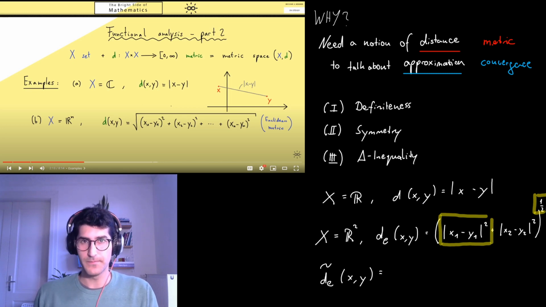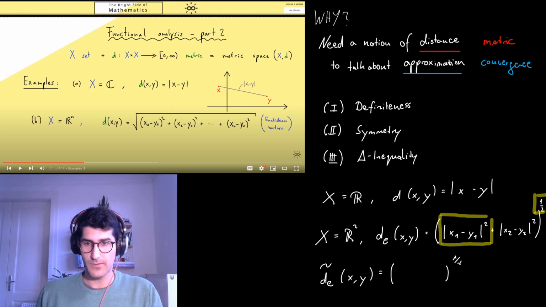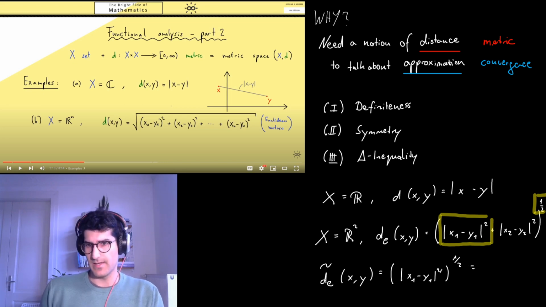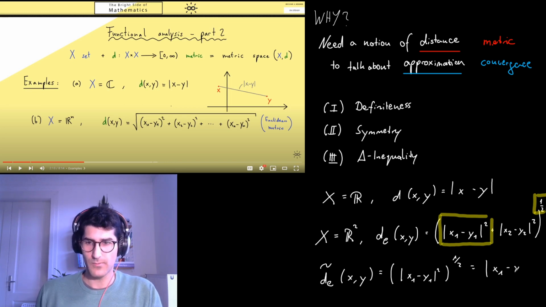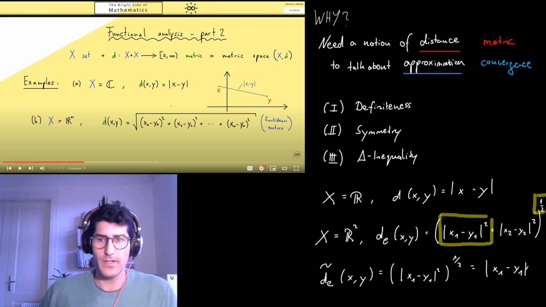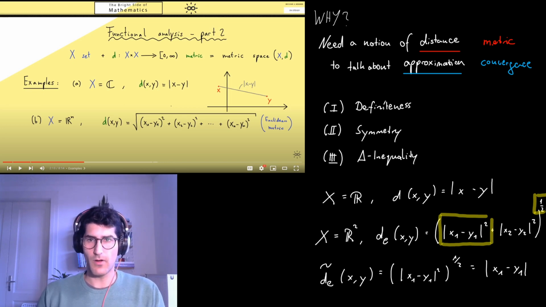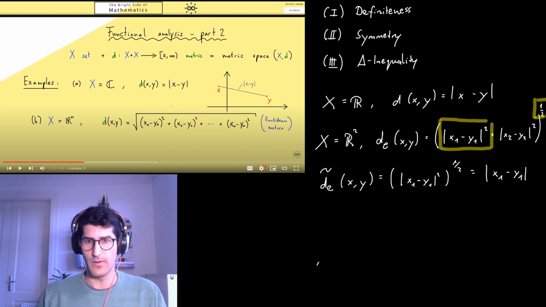So this will be the square root of (x1 minus y1) squared. You see the square root and the square cancel out, so it's just the absolute value of x1 minus y1, which is the usual metric that we also have in the case of real numbers. But now we are taking only the first components of our vectors.